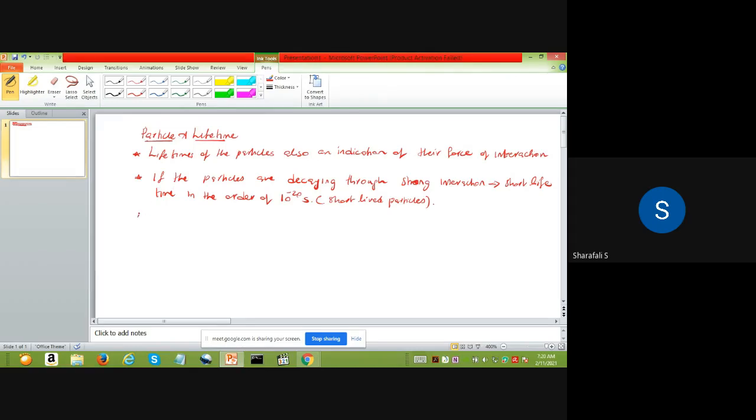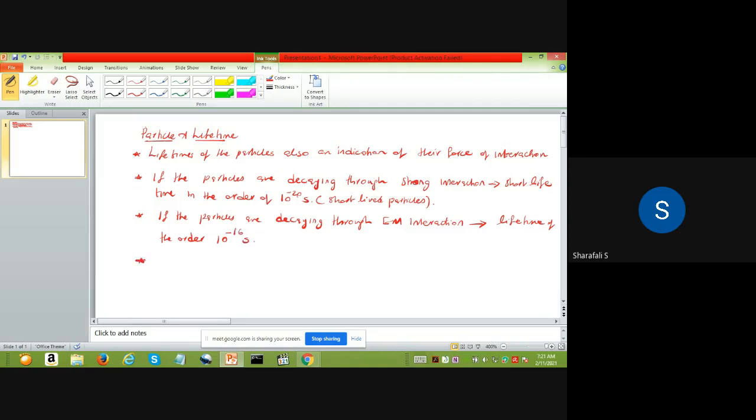Now, if the particles are decaying through, let's say, electromagnetic interaction, such a particle can have a lifetime of the order of 10 raised to minus 16 seconds.